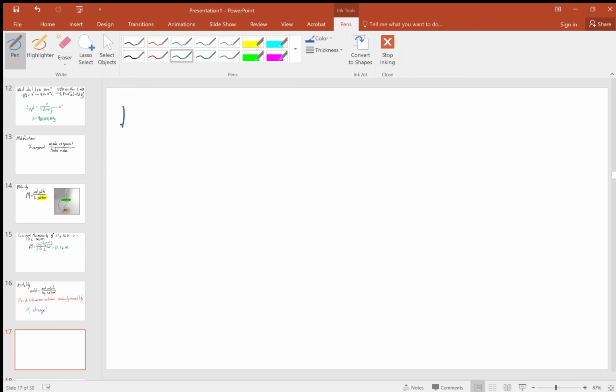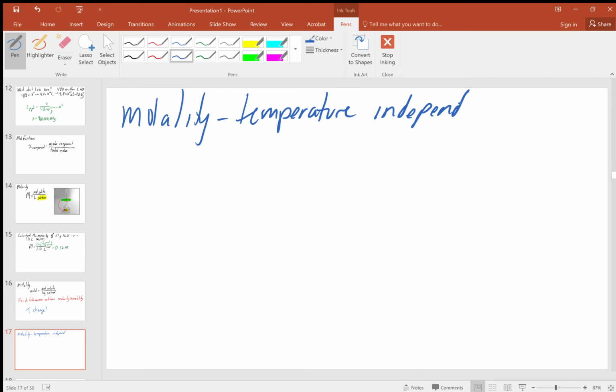So for molality, molality is temperature independent. So no matter what we do to a solution, the molality doesn't change at all.